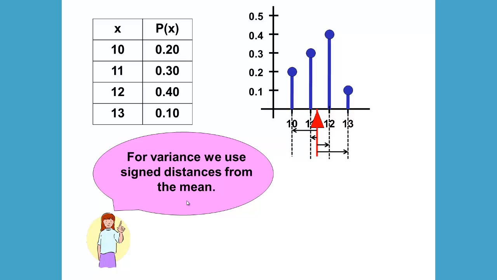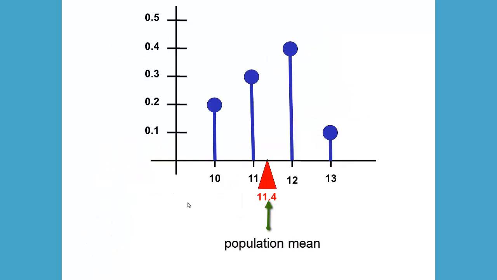In other words, we want to measure how far each of the numbers are from the mean. To look at the graph, each data value is a distance from the mean, and we find that signed distance by simply subtracting. Let's look at a bigger picture of that and each data value separately.